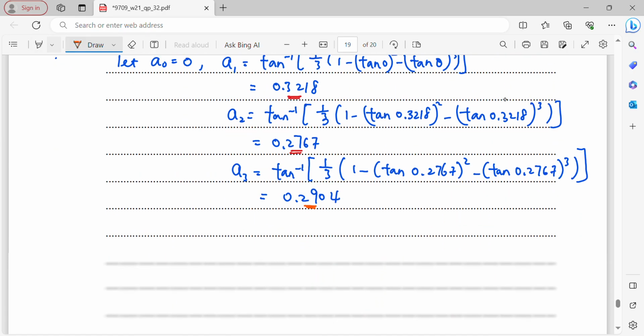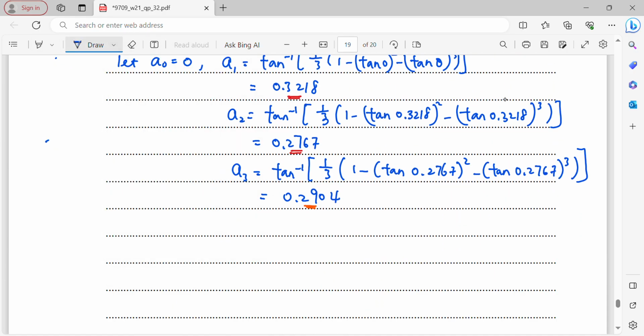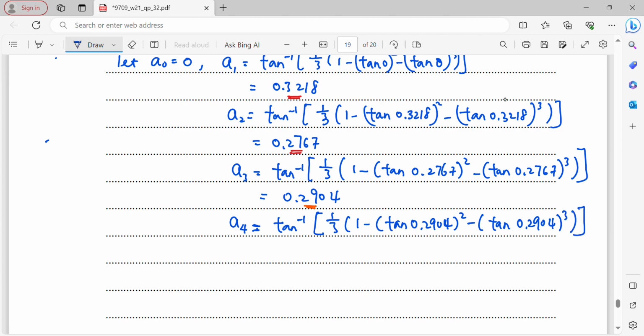So now continue for the next calculation. So a4 is inverse tangent 1 over 3, 1 minus square of tangent of the previous value minus cube of the tangent for the previous a. Then you will be getting 0.2866.